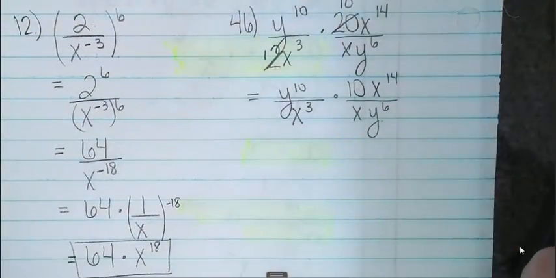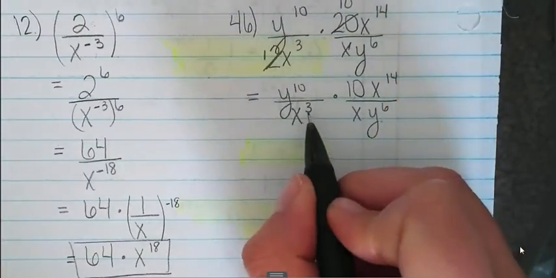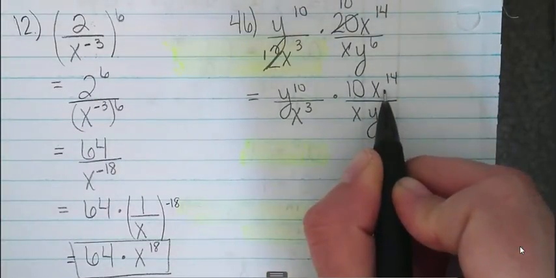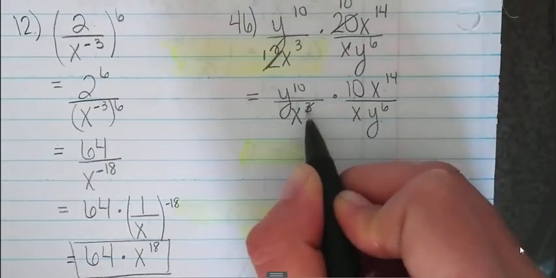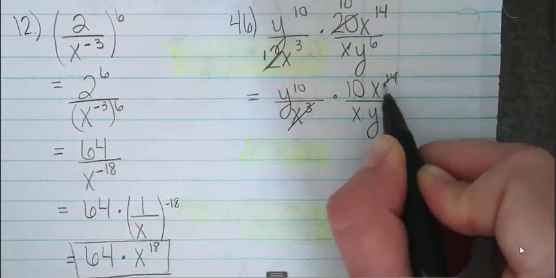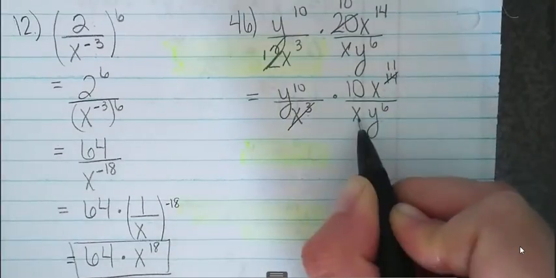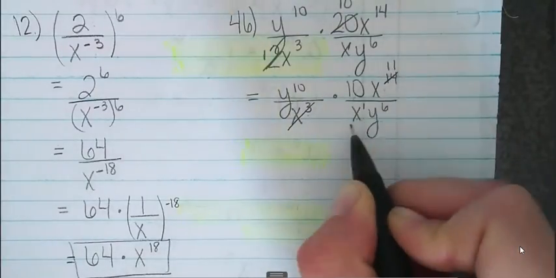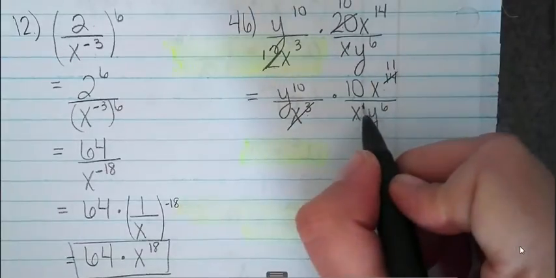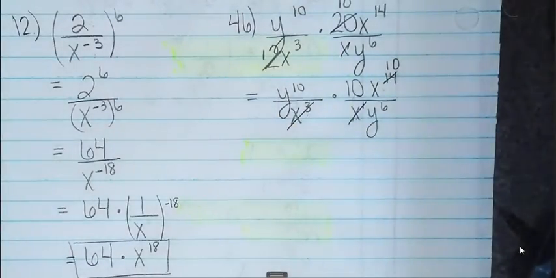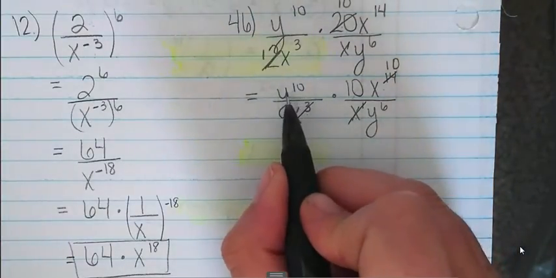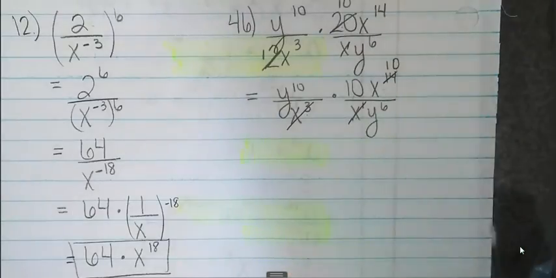So the one way gets a little bit messy. The way that I would look at this, I've got x to the 14th here, and I've got an x cubed here, okay? So this x goes away. I'm subtracting, so I'm going to be left with 11. But then I've also got an x to the first power here, and I'm going to subtract that. No more x's in the denominator, and I'm just left with x to the 10th power. Same thing goes with y: I have a y in the numerator and a y in the denominator.